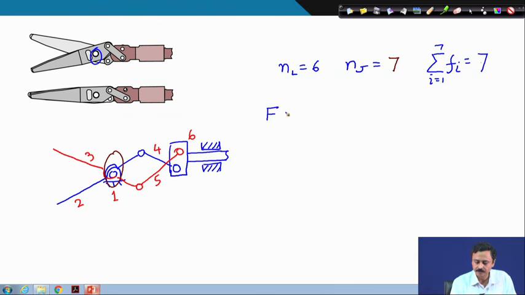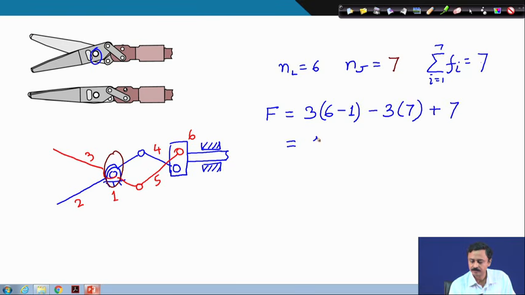Therefore, degree of freedom of this end effector, this scissors, is 3 times 6 minus 1 minus 3 times 7 plus 7. So, 15 minus 21 plus 7, that is 1. Therefore, by the surgeon's finger movement, this scissors can be uniquely controlled.